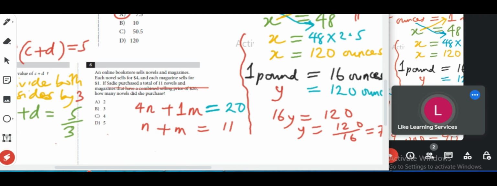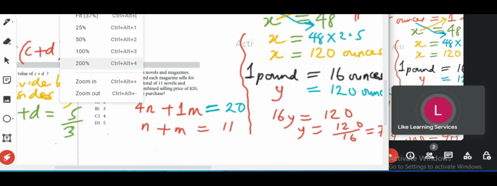How many total novels and magazines? 11. So novels plus magazines is 11. That's the first equation. And when you sell both of them, you will get $20. So 4n, because each novel is 4, plus 1m, because each magazine is 1. I think I might have to zoom it in a bit.